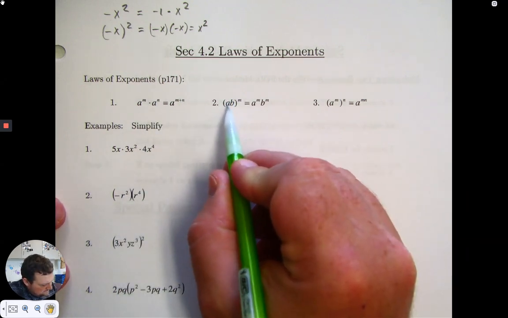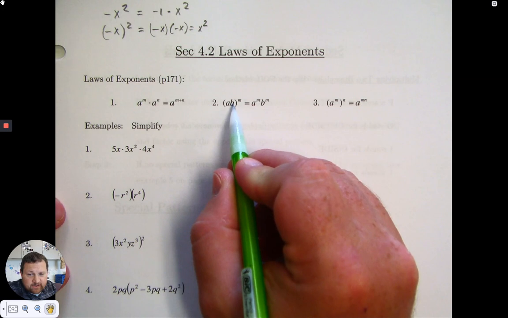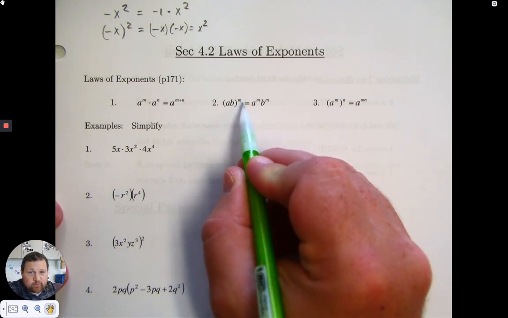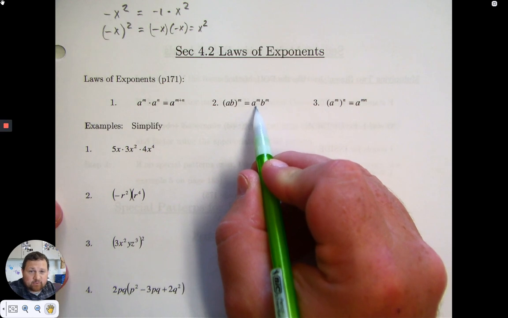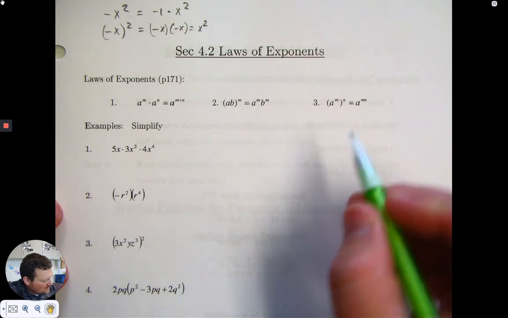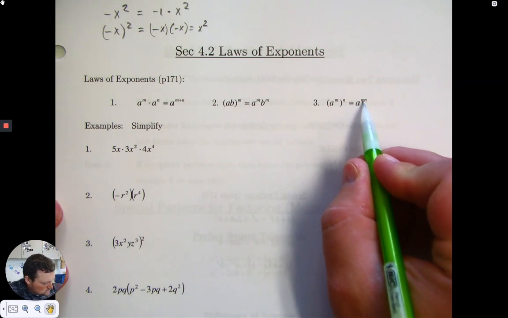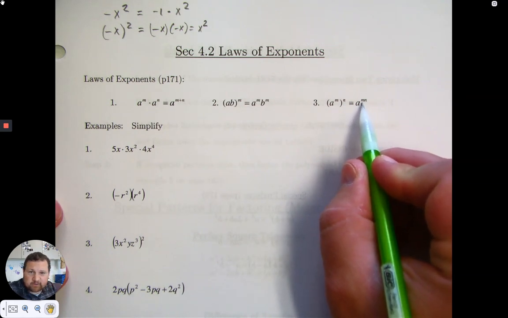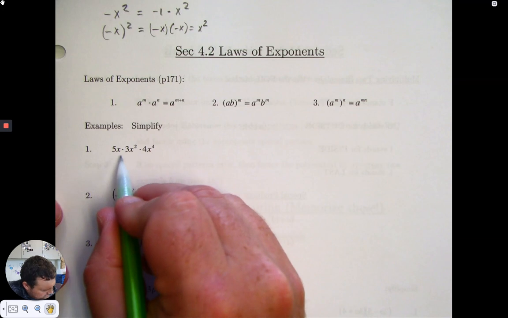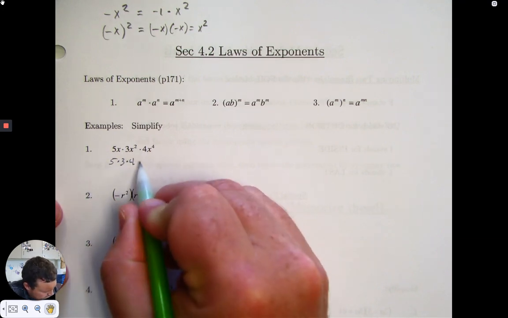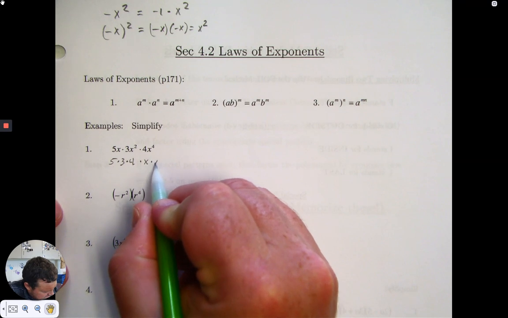If we have all multiplication inside of parentheses, and then it is raised to a power, then we can just take each thing in that parenthesis and raise it to that power. And then if we have a power raised to a power, it's really the same as just the two powers multiplied together.